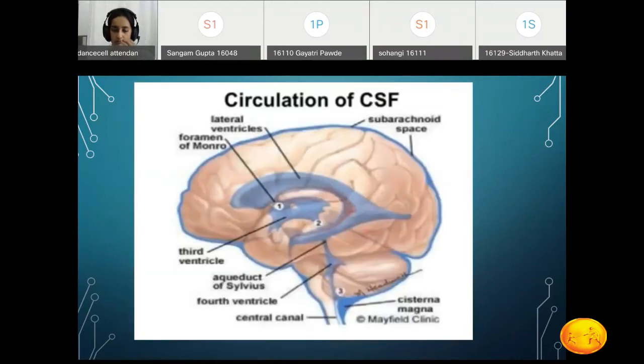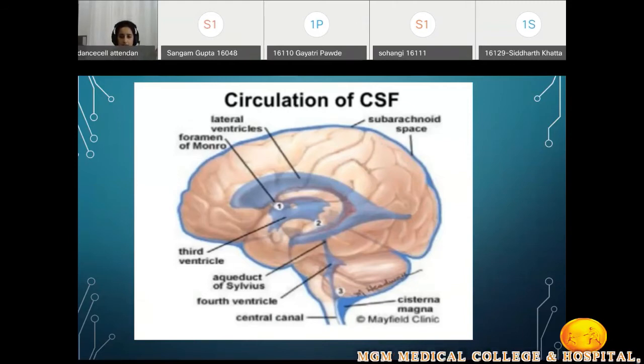This is not a very clear picture of CSF, but you can understand all the 4 ventricles, lateral ventricle, third ventricle, fourth ventricle, all of them are situated in a 3-dimensional space. There are 2 lateral ventricles which drain into a third ventricle, which is vertical in shape.